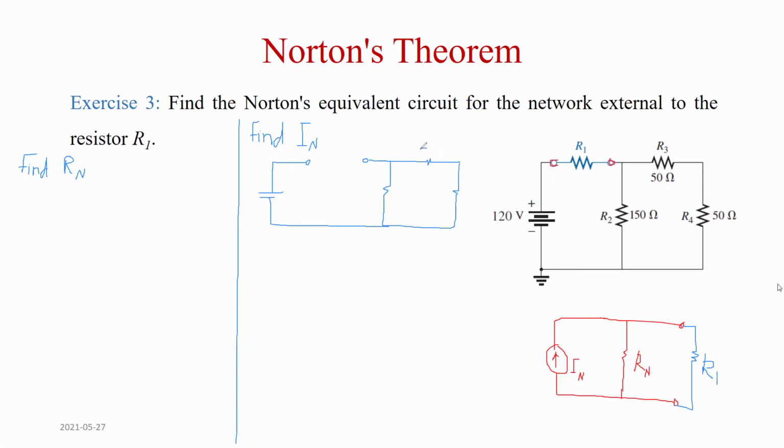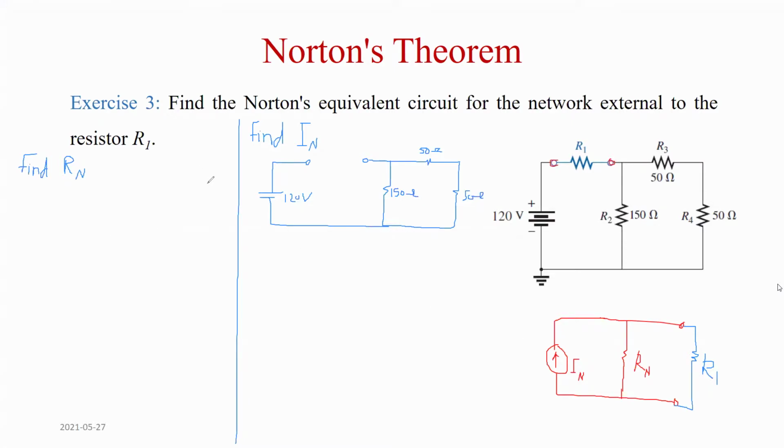So this is 50 ohm. This is 50 ohm. This is 150 ohm. This is the 120 volt. Okay, so this is the circuit that I want to find the equivalent for.